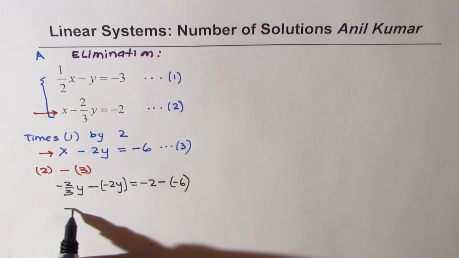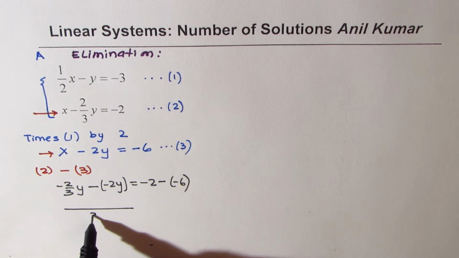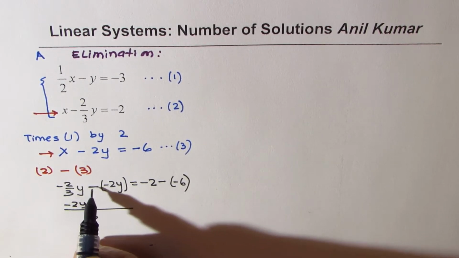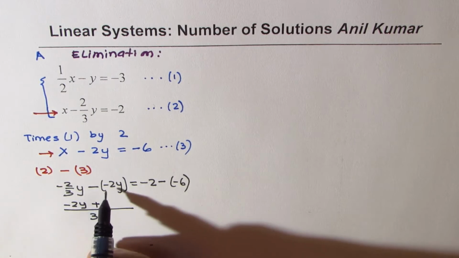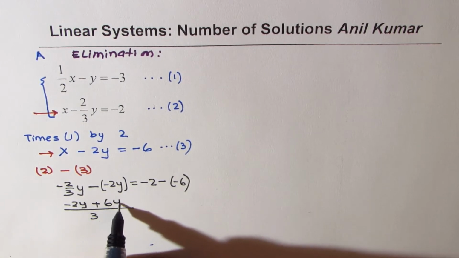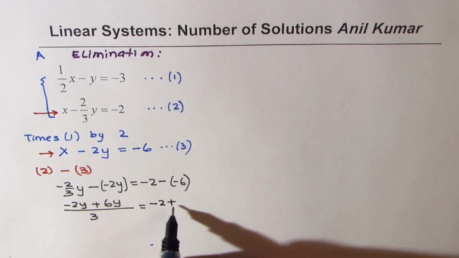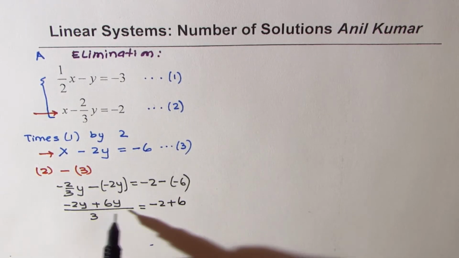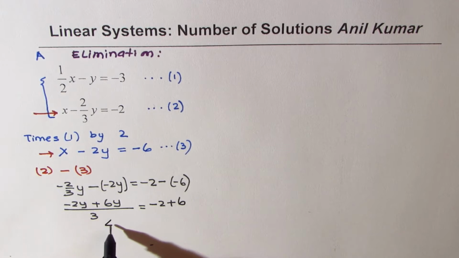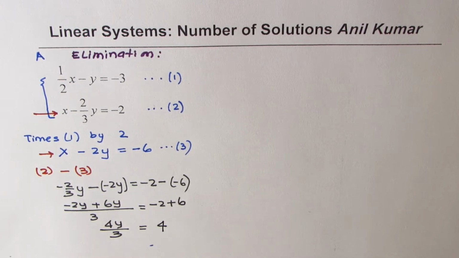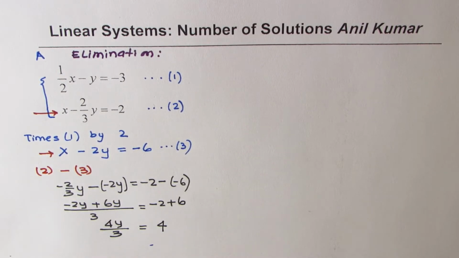Let's take a common denominator. So if I take 3 as a common denominator, I get minus 2y plus 6y over 3 equals, here we have minus 2 plus 6. And that gives us 4y over 3 equals 4, right? 4y over 3 equals 4.